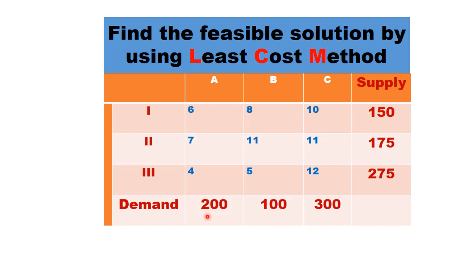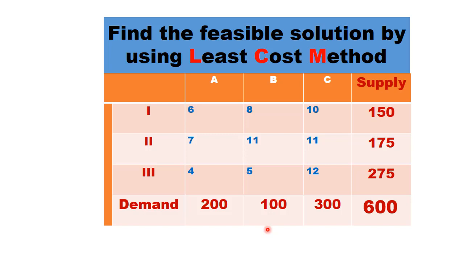Here the demand values are 200, 100, 300, so the total demand is 600. The supply units are 150, 175, 275, so the total supply is also 600. So the total supply is exactly equal to total demand. This is a balanced transportation problem.